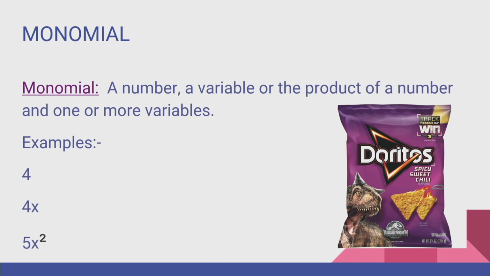A number, a variable, or a product of a number and one or more variables is a monomial. Mono means one. For example, 4, 4x, 5x squared. These are single terms that are not separated by addition or subtraction. So this is a monomial.